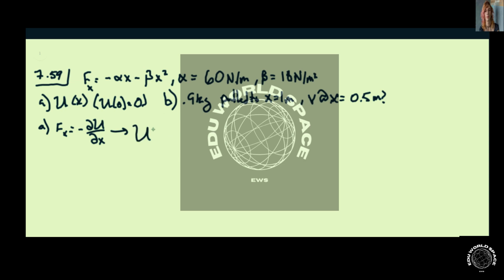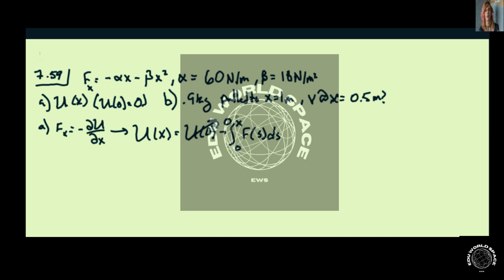And through the fundamental theorem of calculus, this means that we can write the potential as its value at 0, minus the integral from 0 to x of the force F(s) ds, where s is a variable of integration. We're told we want the potential at 0 to be 0.